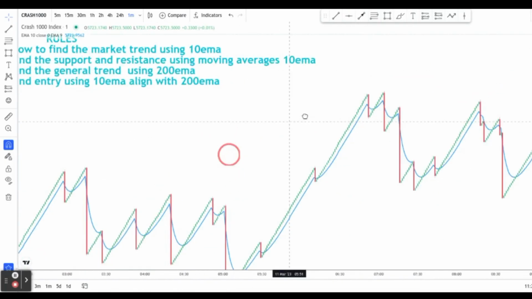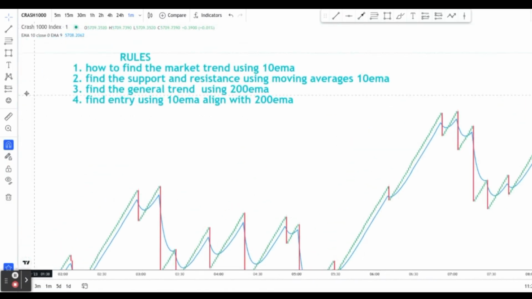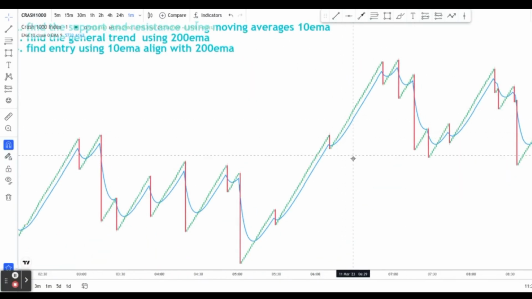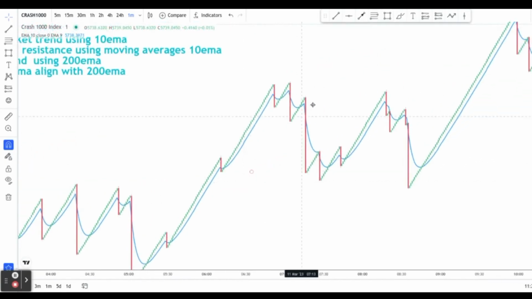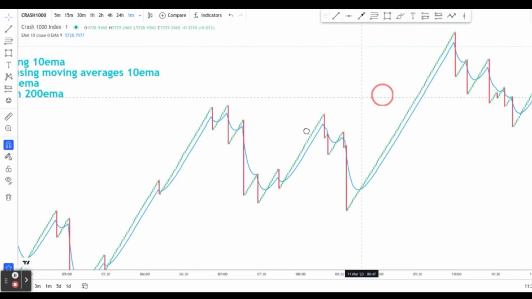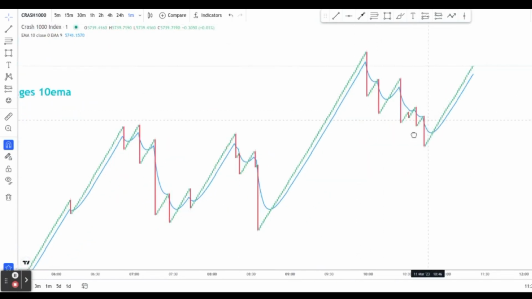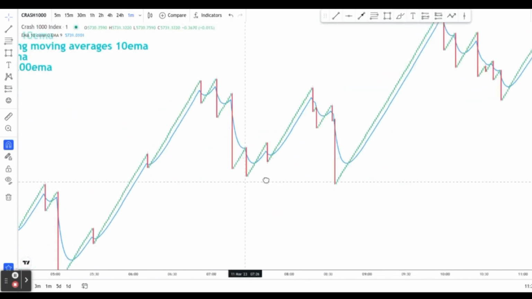Then let's move to the second one. We have successfully done the first rule, find the market trend using this moving average, 10 EMA. So we are still on this 10 EMA. How do we find support and resistance? In every one of my videos, I always explain how to find support and resistance using the moving average.